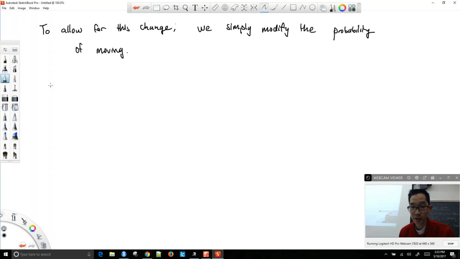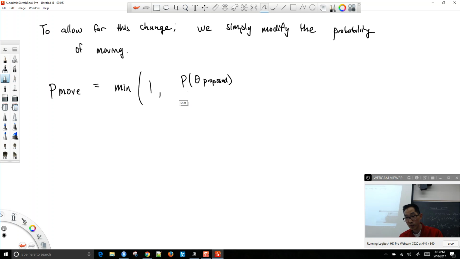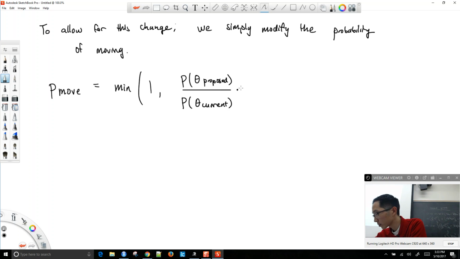The probability of moving is still the minimum between 1 and this thing that we write out: the probability of theta proposed divided by the probability of theta current. This part is the same, but then we multiply by an adjustment. I just want to make sure I get this correct.